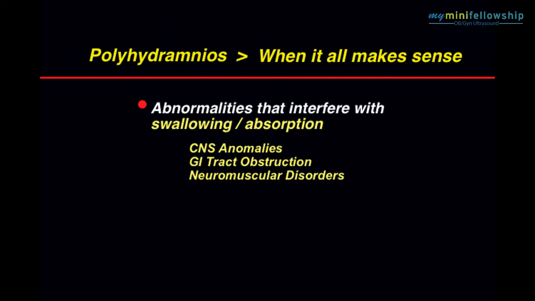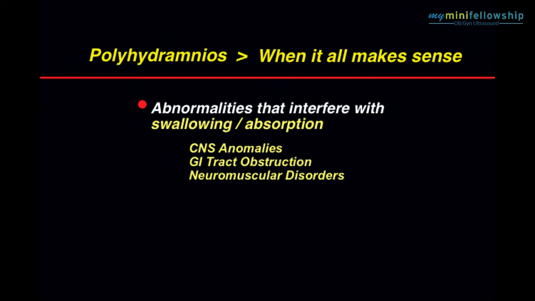So, there are abnormalities where it makes sense that the fetus should have polyhydramnios. A fetus with a central nervous system anomaly, that anomaly may interfere with the swallowing mechanism, resulting in inadequate swallowing and therefore inadequate reabsorption of fluid in the intestinal tract.